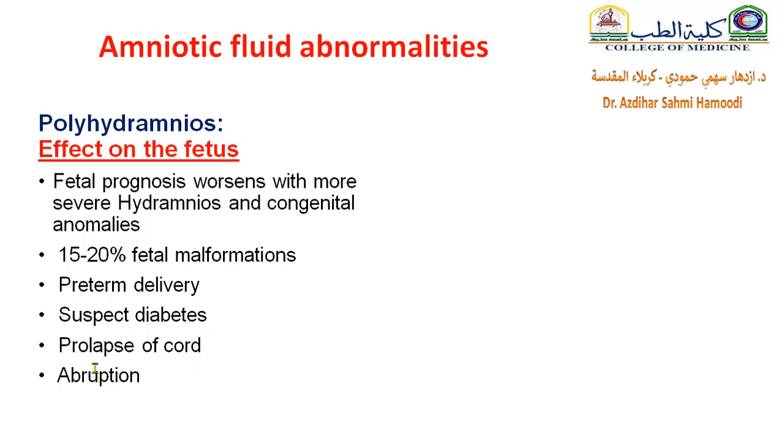There is a risk of prolapse of cord. So all the risk with cord prolapse and its effect on the baby, even from distress up to death of the baby, and the complication with abruption and its effect on the baby that lead also to the death of the baby.